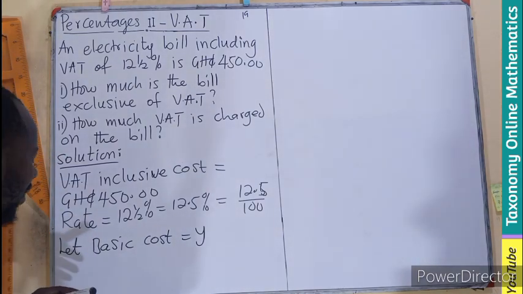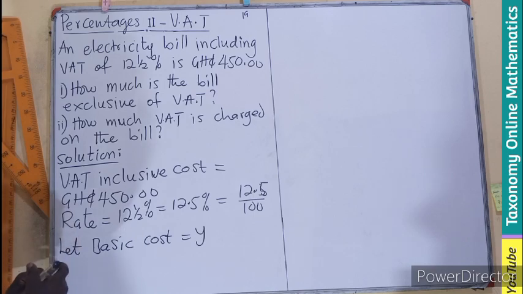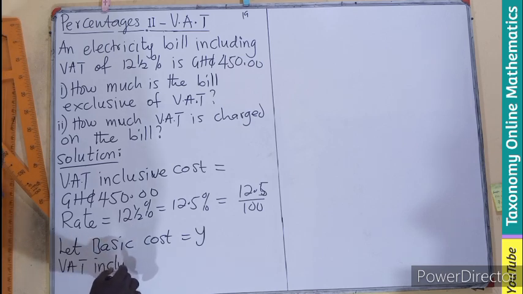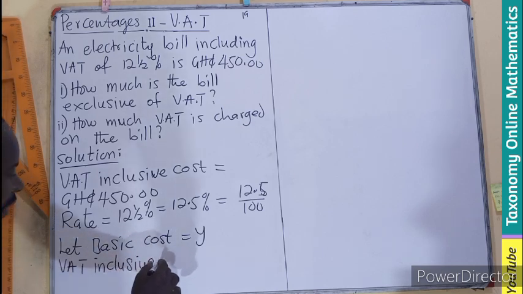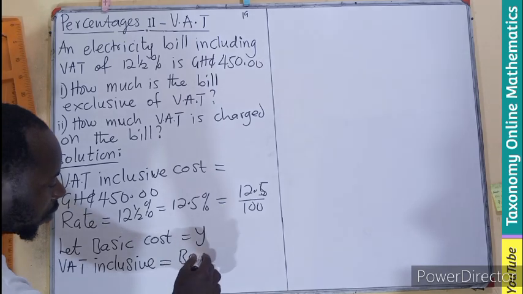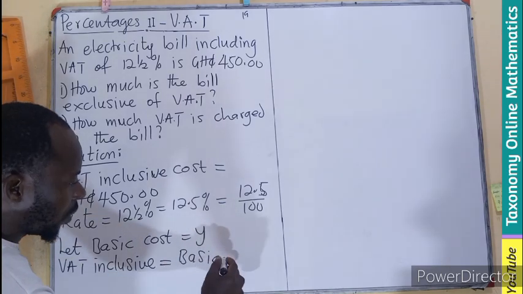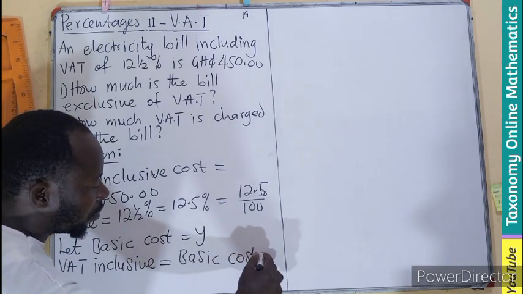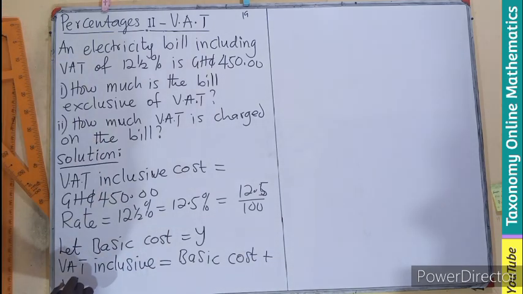We need to find the expression from the first calculation. We know that VAT inclusive is the basic cost plus the VAT charge.